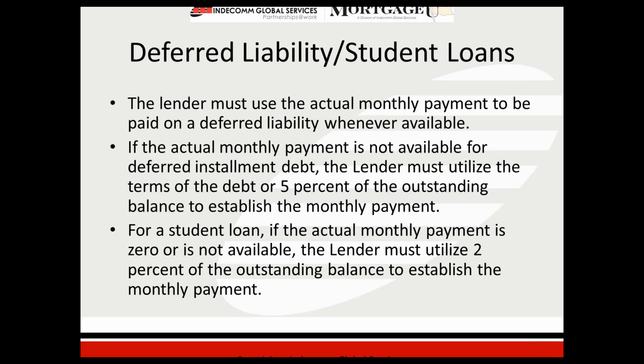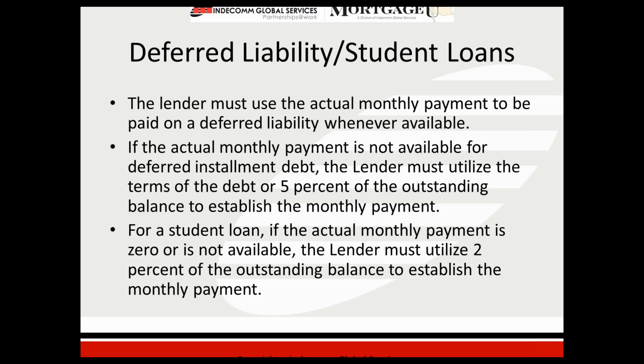If neither of those are available to give you a monthly payment for inclusion in your DTI, then you must utilize 5% of the outstanding balance to establish the monthly payment. So for deferred liability, if the monthly payment is on the credit report, use that; if not, refer to the loan payment agreement. And if it's not available and it's a deferred installment debt, not student loans, it's regular deferred installment debt, you would use 5% of the outstanding balance.